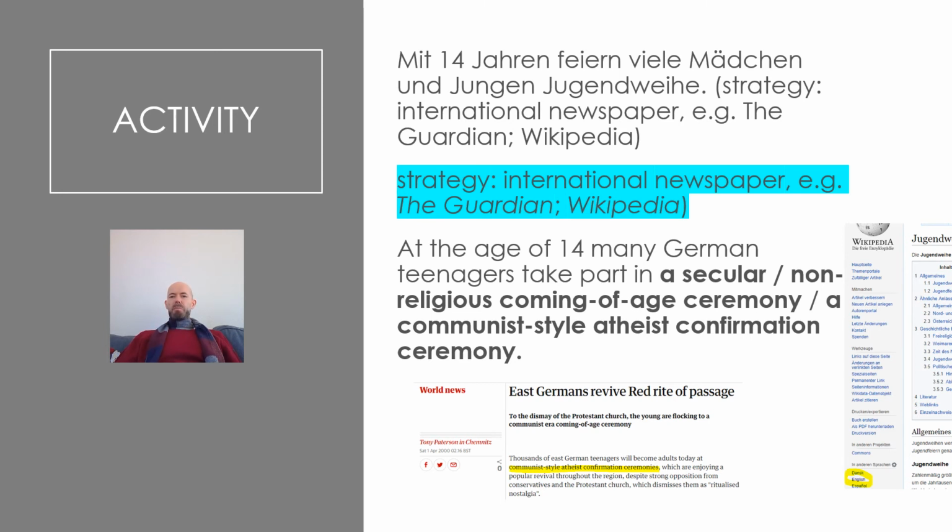We could also have a look at Wikipedia, of course, and click on English. So look at the entry for Jugendweihe in Wikipedia, and then click on English, and you'll find an English language article that uses the term a secular or non-religious coming of age ceremony, which is another nice equivalent.